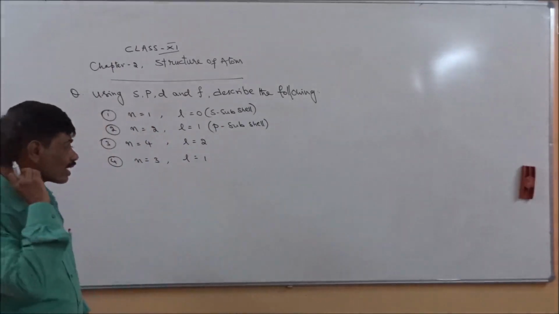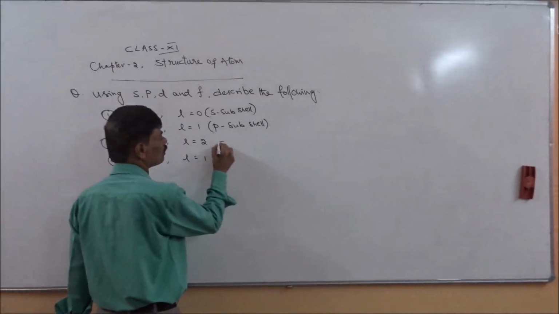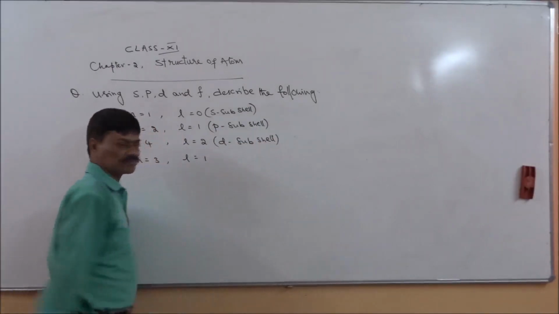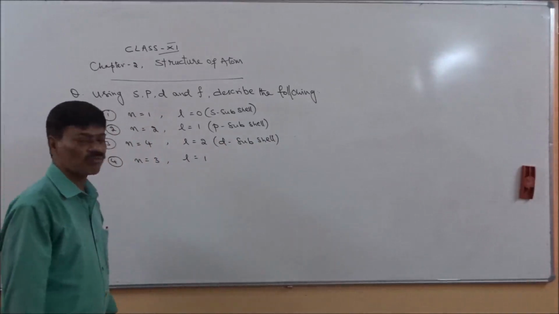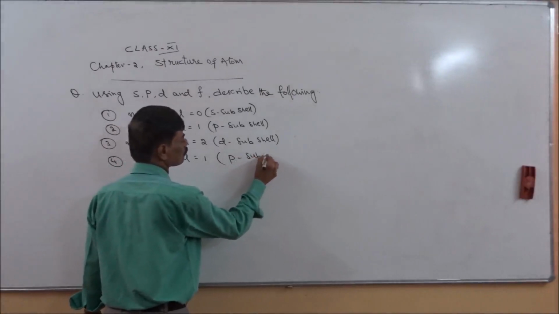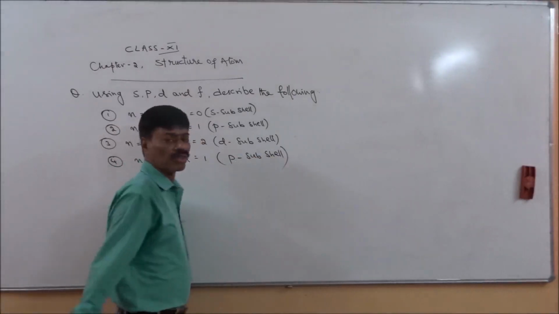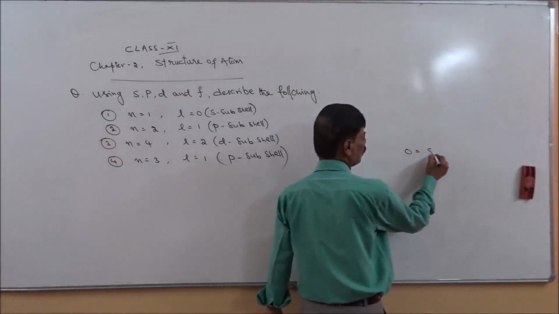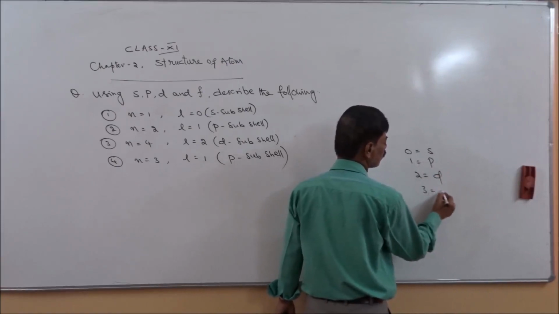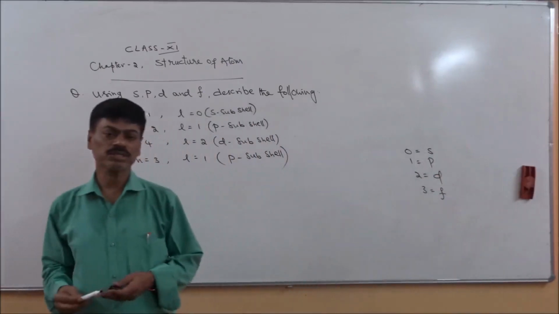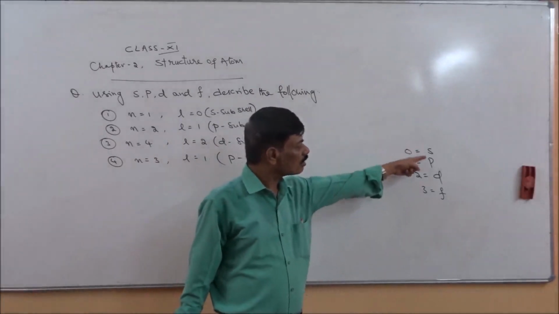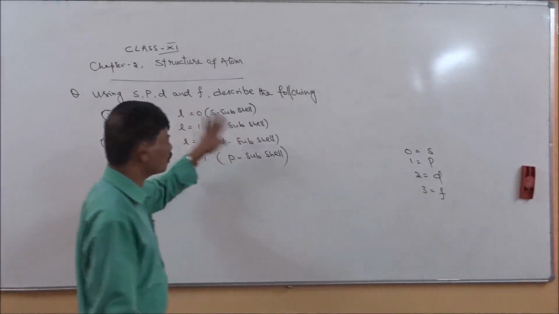L is equal to 2, second subshell means D subshell. Next, L is equal to 1 means P subshell. So, for 0 we write S subshell, for 1 P subshell, 2 D subshell, 3 F subshell. This is what you people need to remember. These are the values of azimuthal quantum number and these are the notations. Same thing is written here.